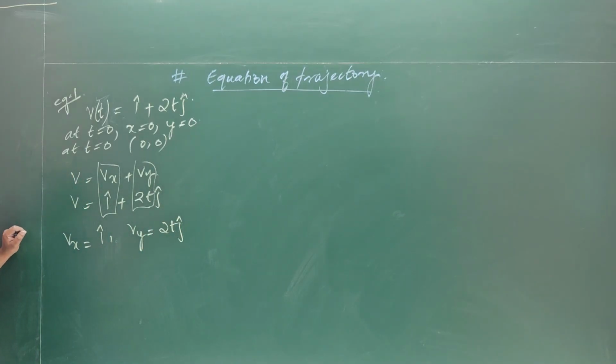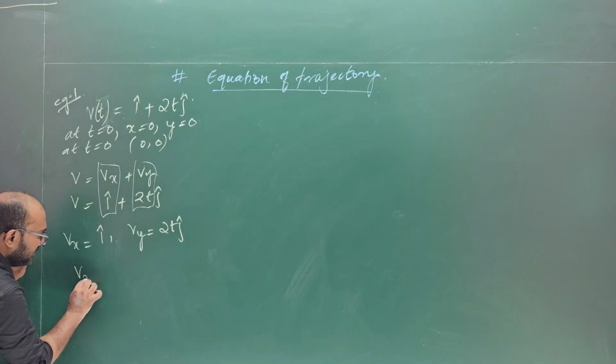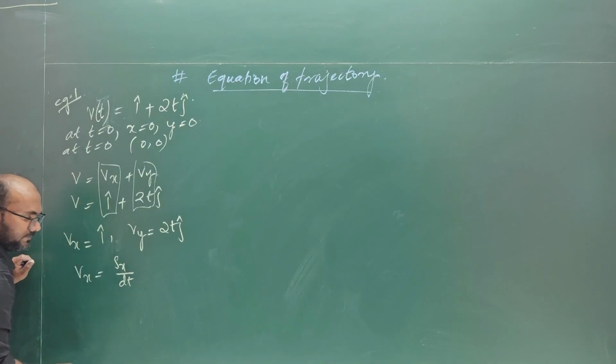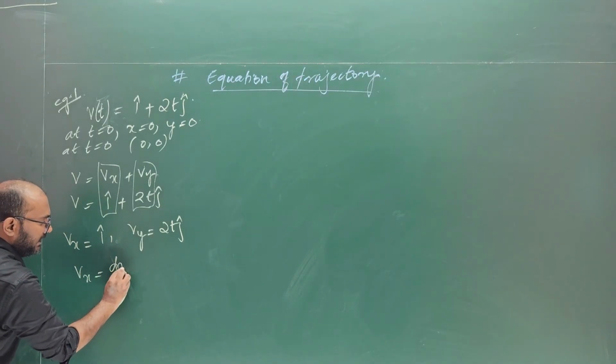Okay, we need to write the equation of trajectory. That means we need x value and we need y value. Okay, that means we have to integrate this. So Vx can be written as dx upon dt. Yes or no? We write it like this, dx upon dt.